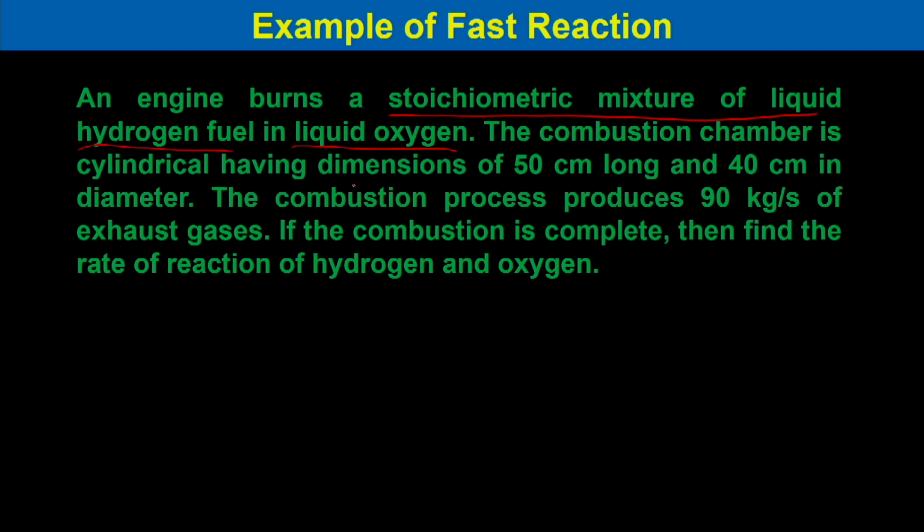The chamber is cylindrical, 50 centimeter long and 40 centimeter in diameter. The combustion process produces 90 kg per second of exhaust gas, and we need to find out the rate of reactions of hydrogen and oxygen, assuming the combustion process is complete.